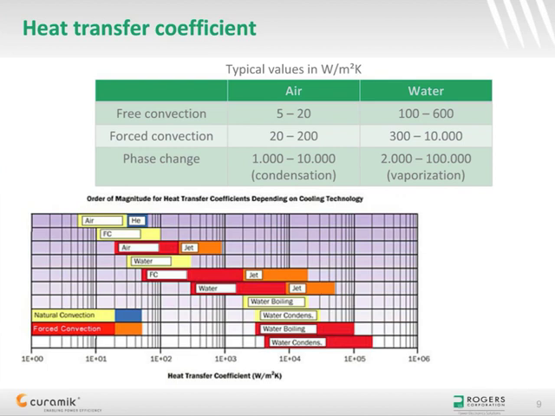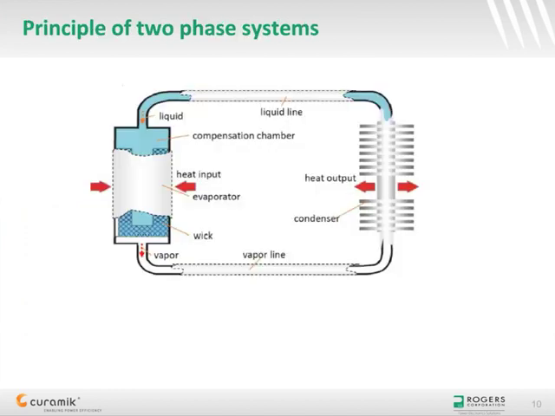A very efficient heat transfer can also be achieved with so-called two-phase systems. Two-phase systems show a superior heat transfer coefficient because their cooling medium can absorb a significant amount of heat during the phase change. The absorbed heat is then transferred and dissipated.